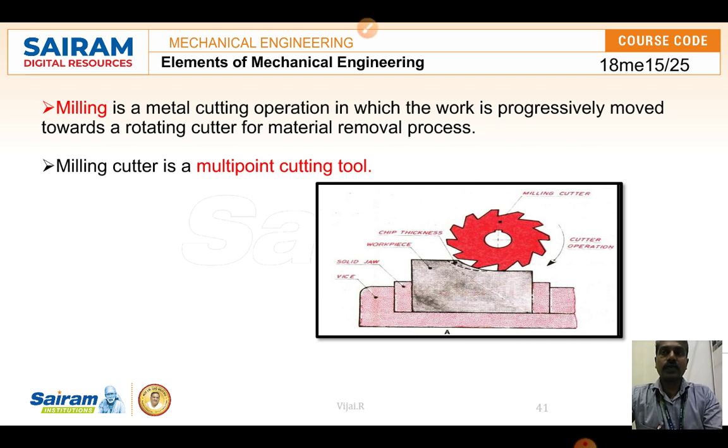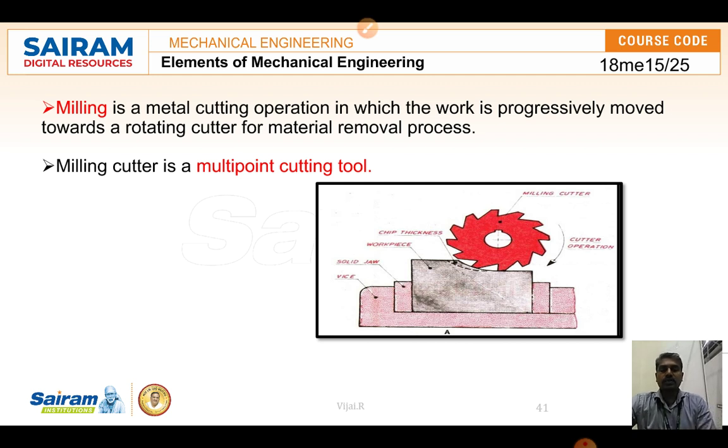When we are moving towards the rotating cutter, the material is having contact with the cutter. When the contact surface is there, it will remove the material from the workpiece.